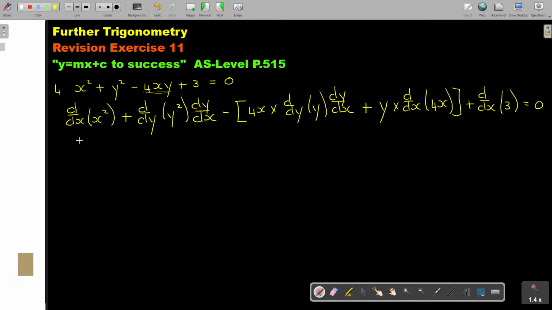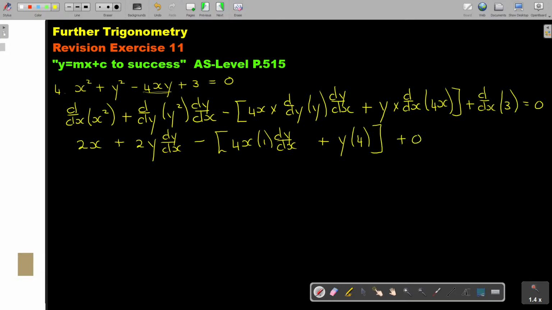So if I'm going to simplify, this is going to be 2x. This is going to be 2y dy over dx. This is 4x and then 1 and then dy over dx. And this is y and then 4 and I close.